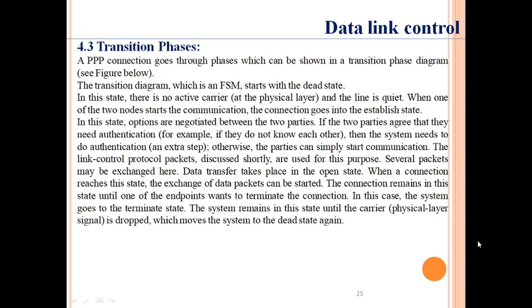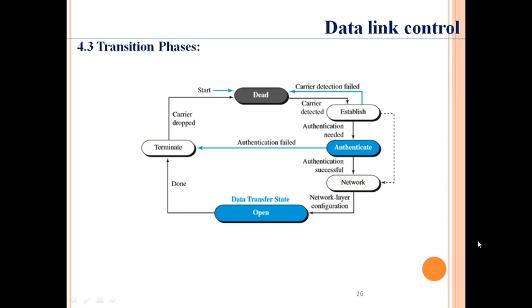A point-to-point protocol connection goes through different phases to transfer data between the nodes, which can be shown using a transition phase diagram that follows a finite state machine format. This is the transition phase diagram for a point-to-point protocol connection. The diagram starts with a dead state.